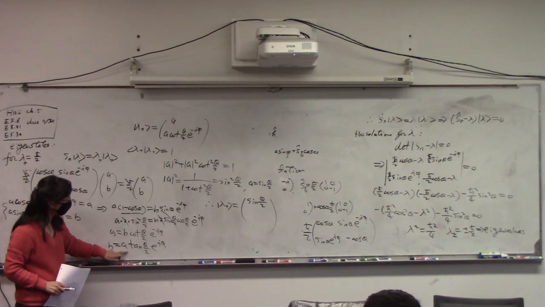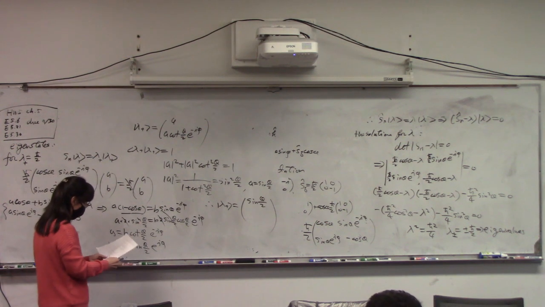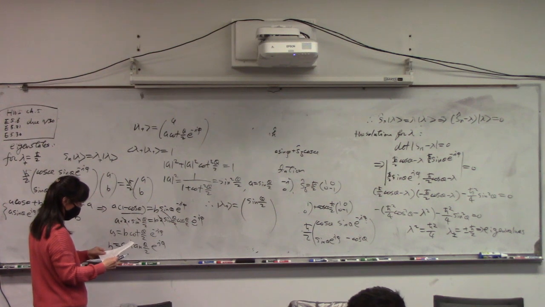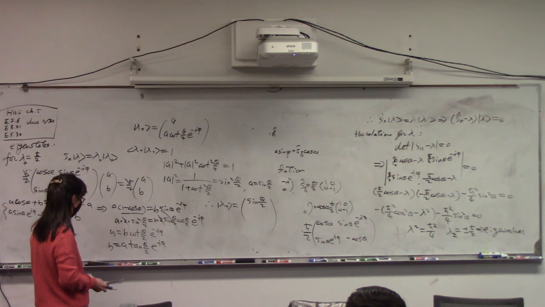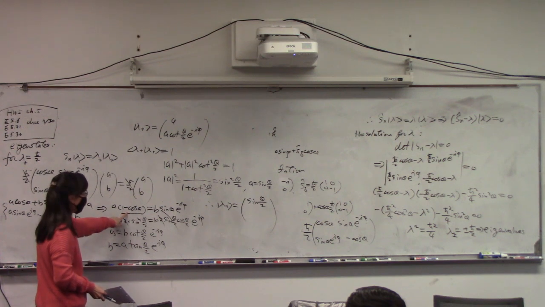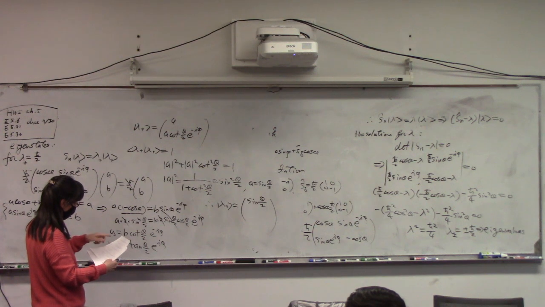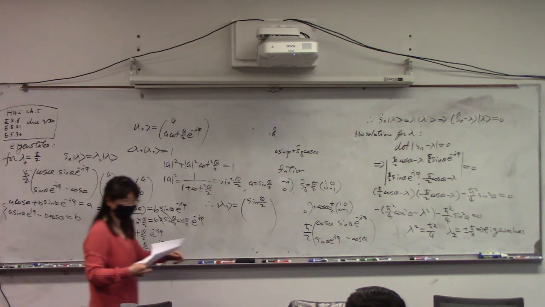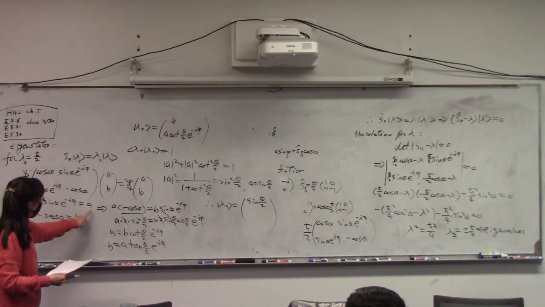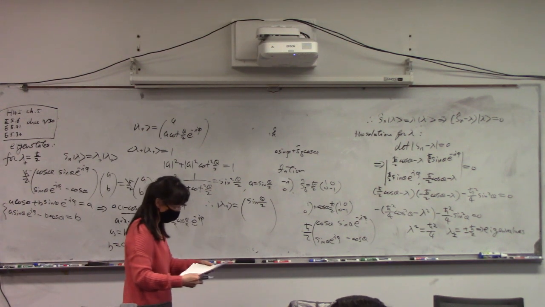Then you can see a is sine, then the sine cancels this. Did I make a mistake? One minus the sine. I think that is, wait a moment. Cosine squared? It's minus, right? Here is minus. But this is correct.